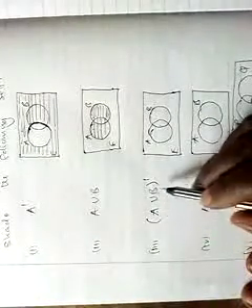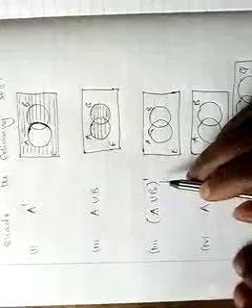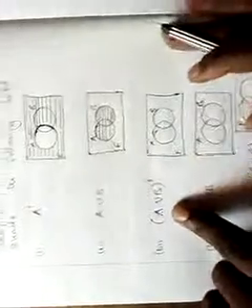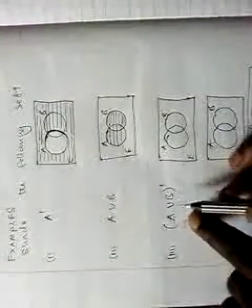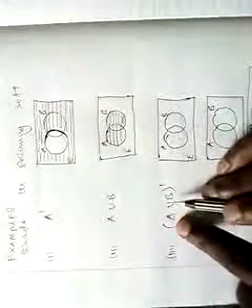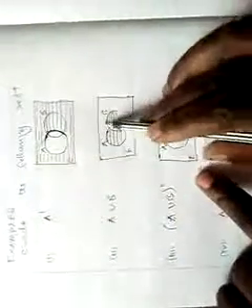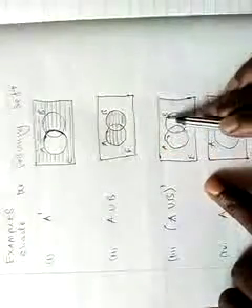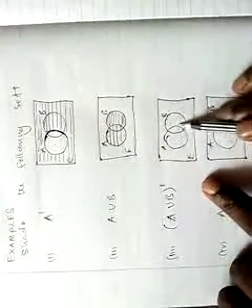Then the opposite of this is complement. So we say A union B complement. According to the first rule, we are saying not part of, or do not shade A union B. Do not shade the union of A and B. So A union B is everything here, like in this case, this one. So we are not going to shade this.